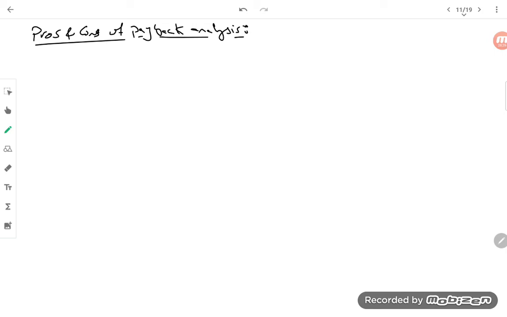Number 1, the payback period is widely used by large firms to evaluate small projects and by small firms to evaluate most projects. So it is the most popular method that can be used. Why? Because of its simplicity.